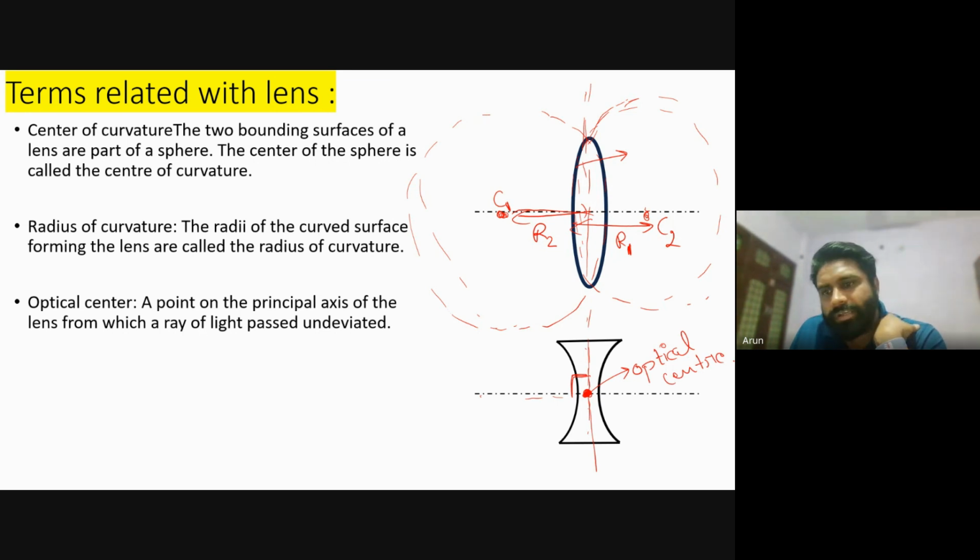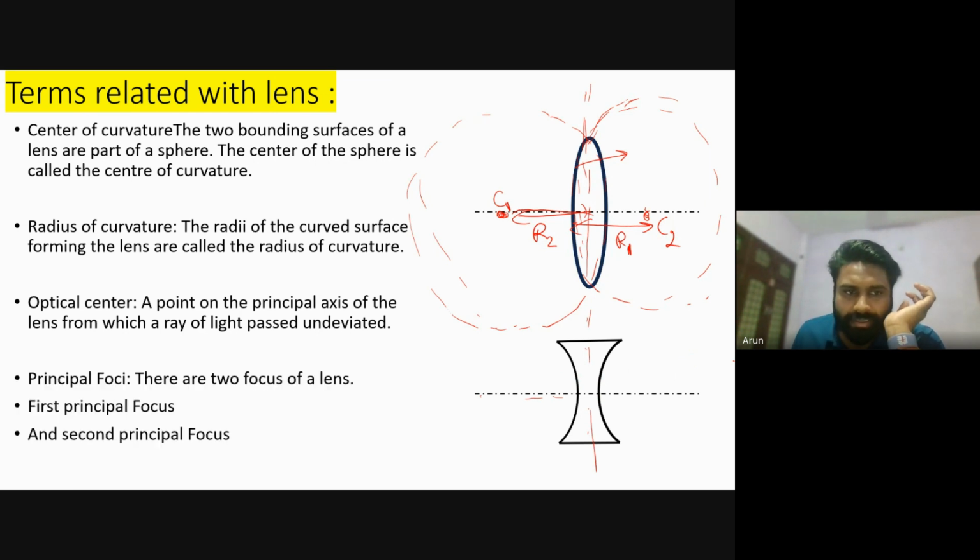And what is the property of this optical center? Any ray that passes through the optical center moves undeviated. Means this ray will not deviate. Like if this is a ray falling on this, it does not have any kind of refraction or reflection. It will move along its path, continue its journey without deviation. So this is the property of the optical center.